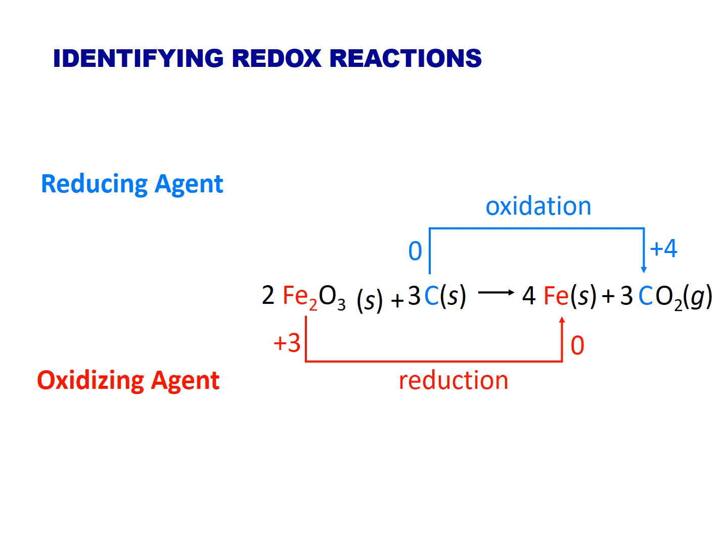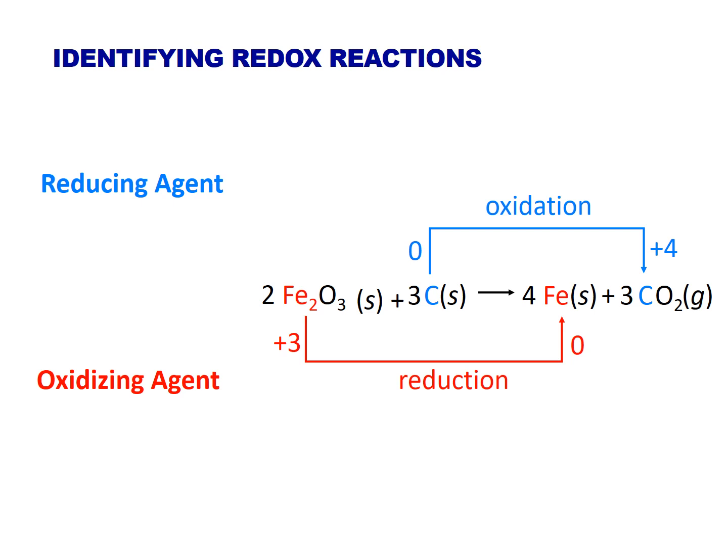And we're going to see the exact same setup. Here, iron starts out in the +3 oxidation state, which then gets reduced to 0 by forming elemental iron. This is a reduction, and if iron from the 3+ oxidation state is reduced to 0, it will act as the oxidizing agent.